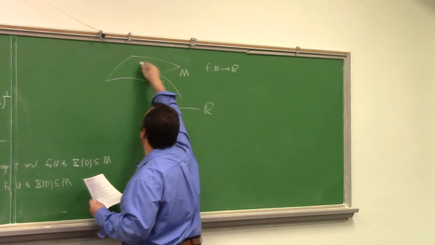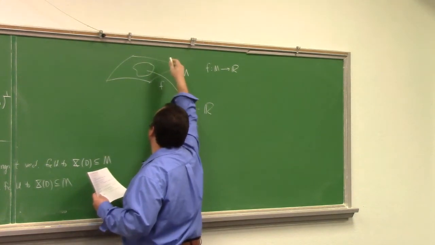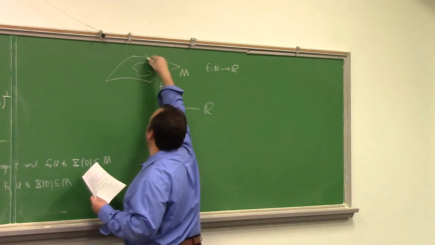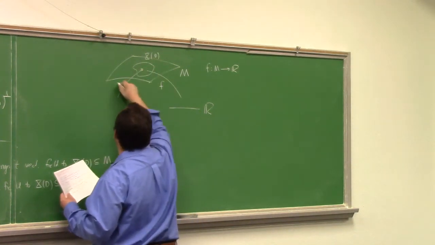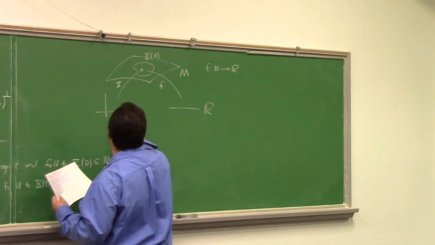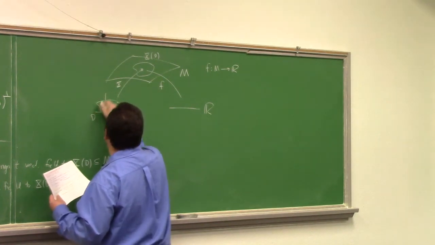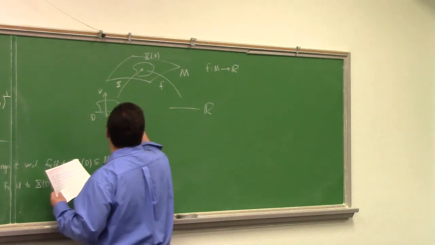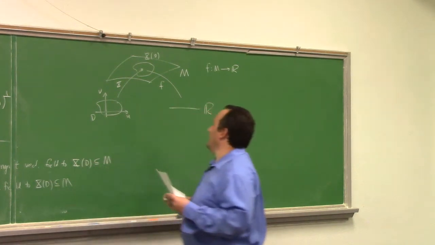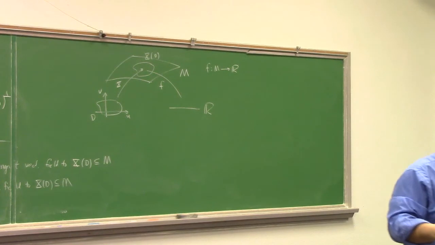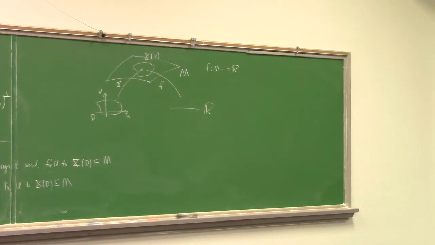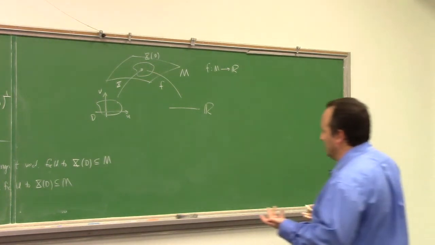We pick a coordinate patch, x of D, right? And we judge the smoothness of the function on the manifold according to the corresponding smoothness of its coordinate representative.